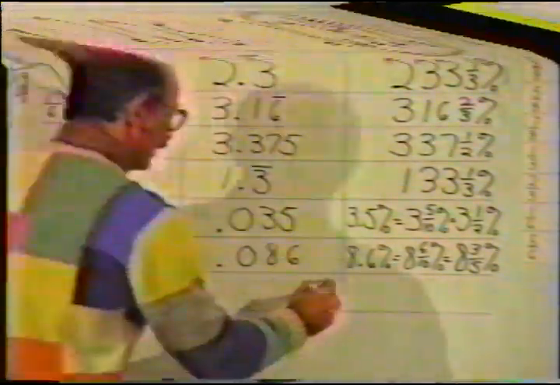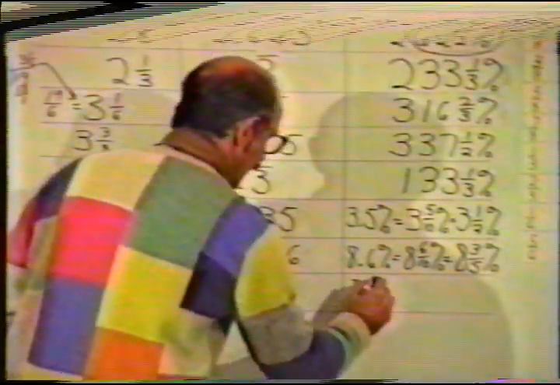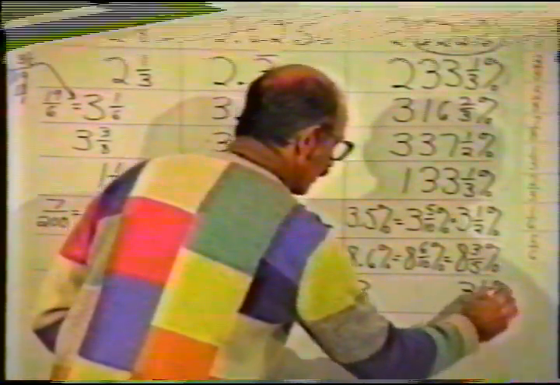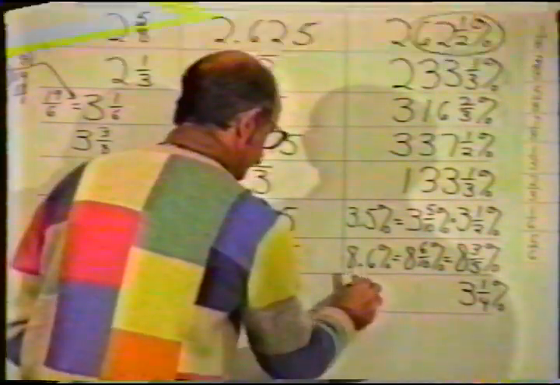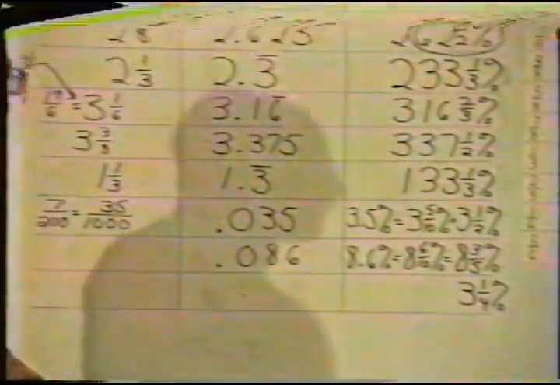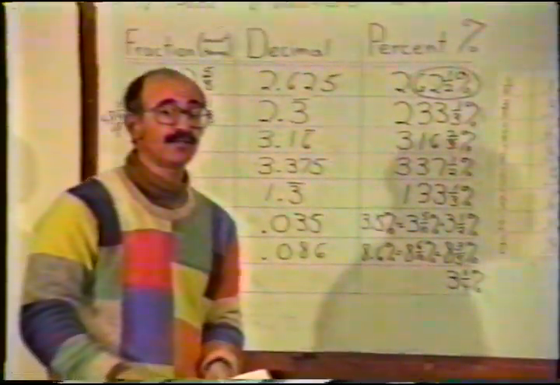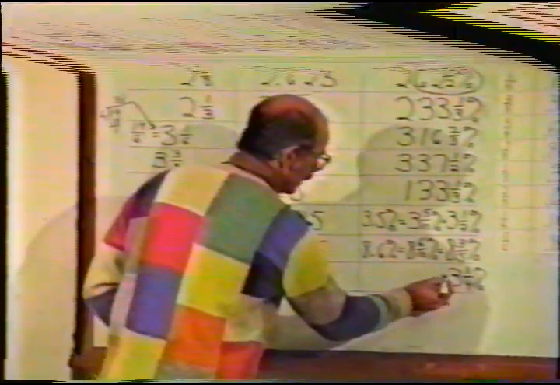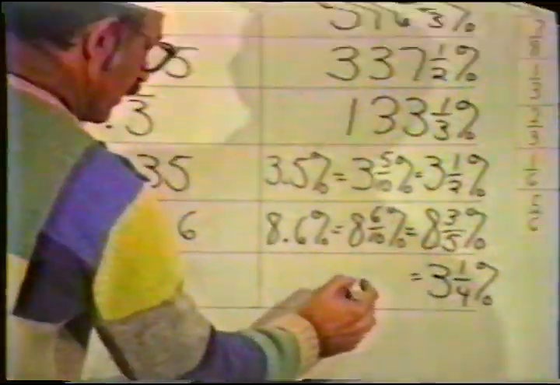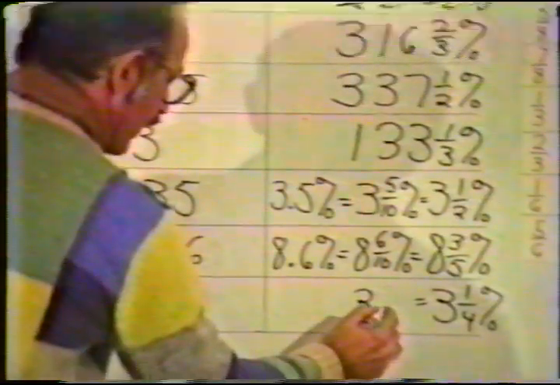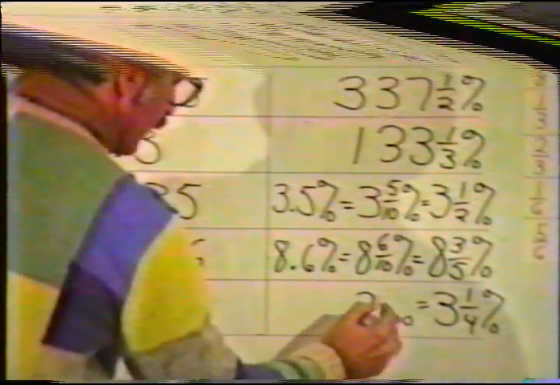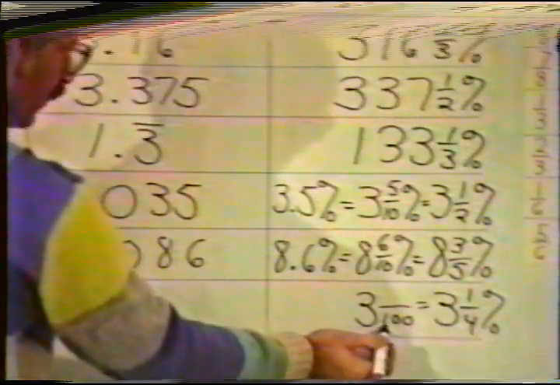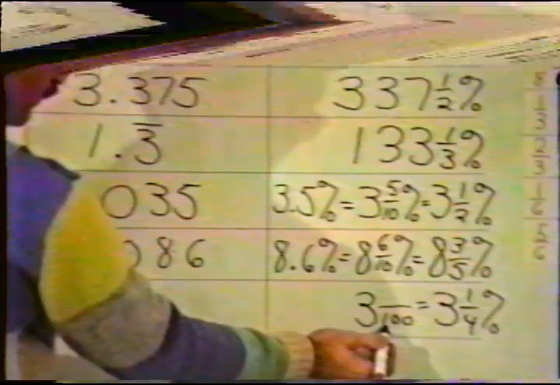The next one is 3 1/4%. I'm going to have to change that back into a decimal. The first thing I'm going to do is raise this fraction part of it to higher terms so that I can have a 10 or 100 on the bottom. In this case, 100. How many 4s are there in 100? 25.